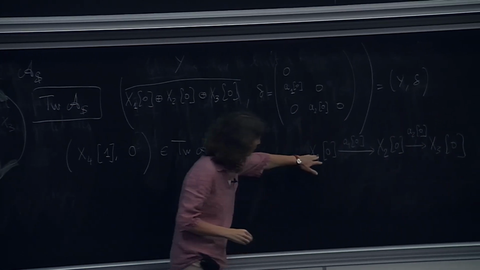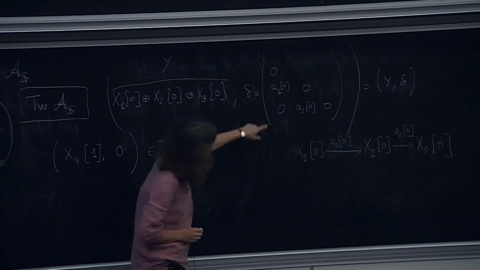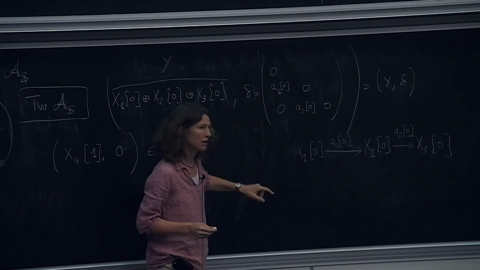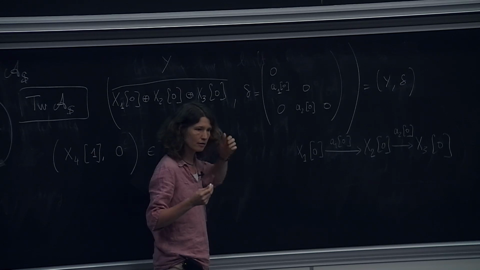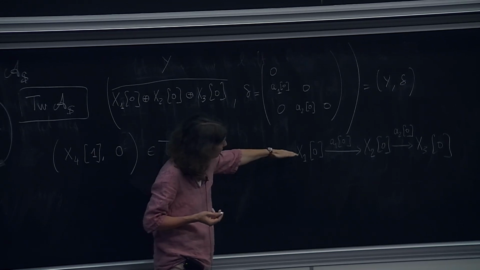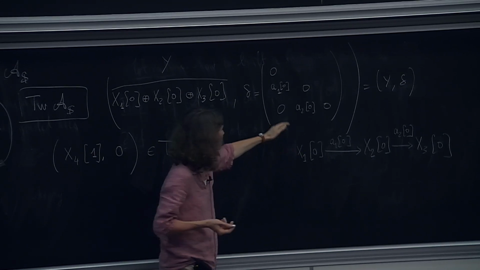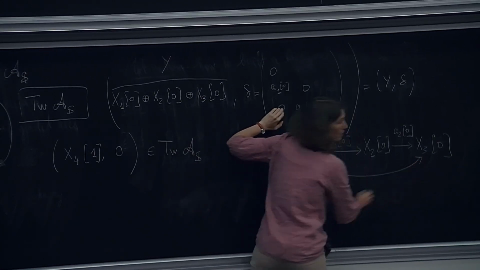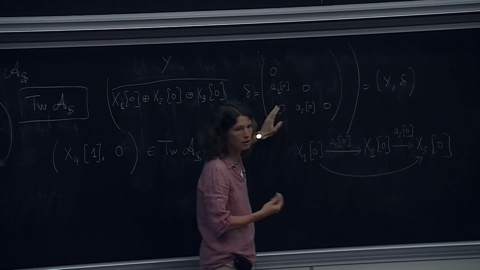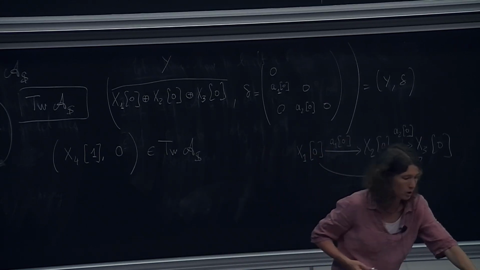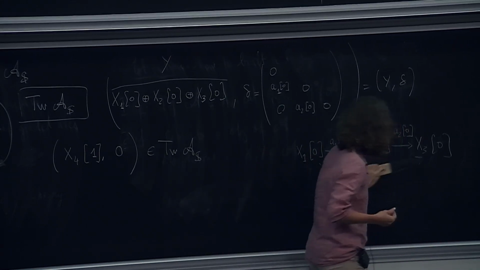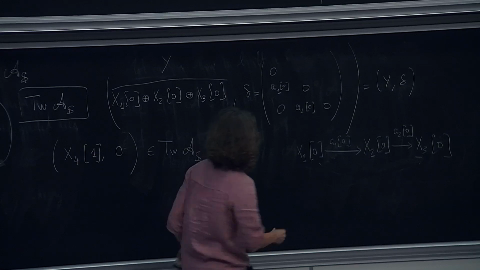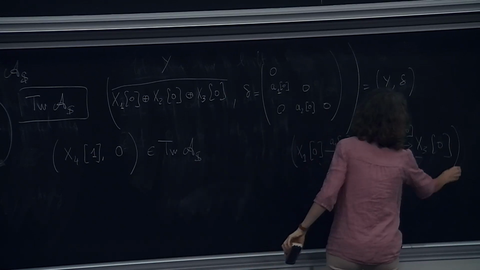So I prefer to write it like this. If I would have something here, then it's not a complex in general. Here it looks as if it was a complex, but I could have something non-zero here, then I would get maybe a map like this. So it's not in general, but it's just a way to think about this object. It's much easier to think that this object is like this.